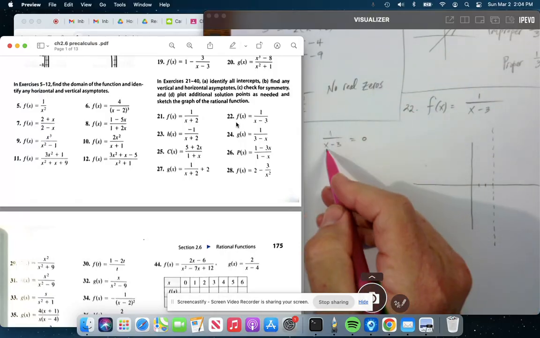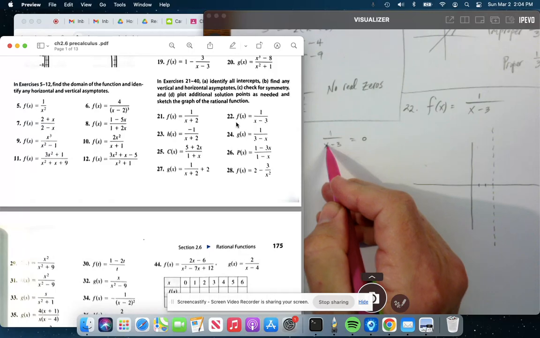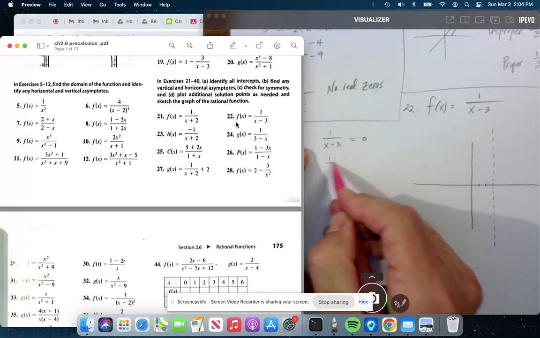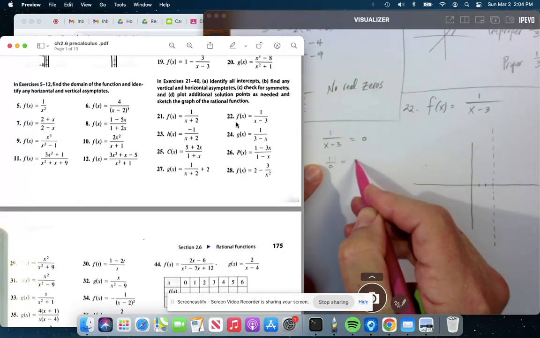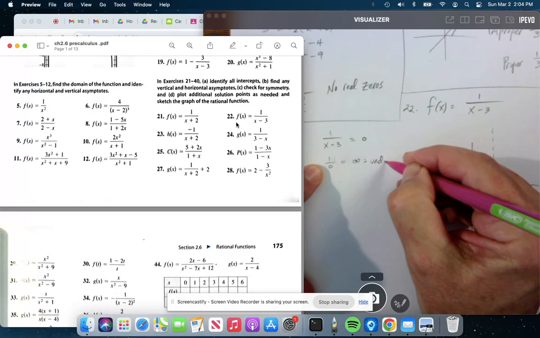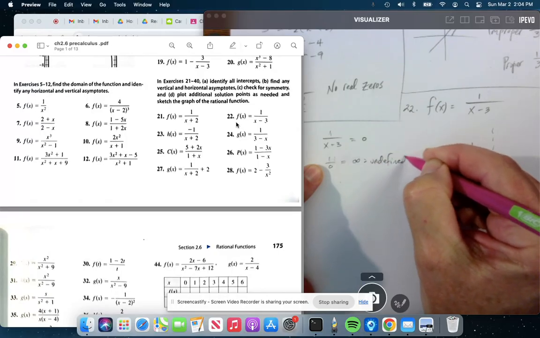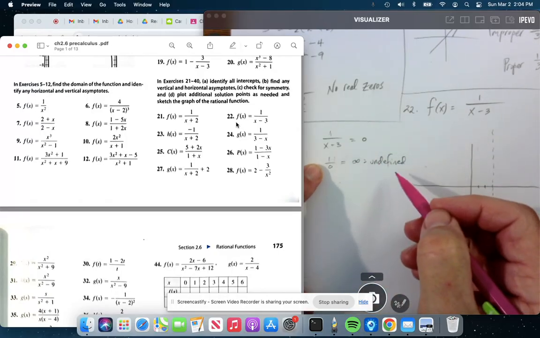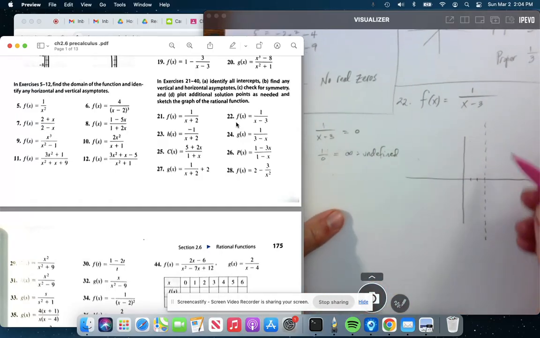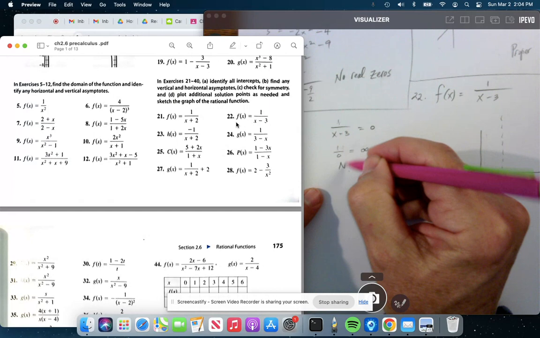You can make the bottom 0 by making x 3, but 1 over 0 is not 0. 1 over 0 is basically infinity, or what we say is undefined. So there are no zeros.